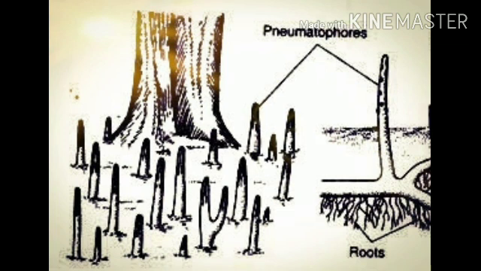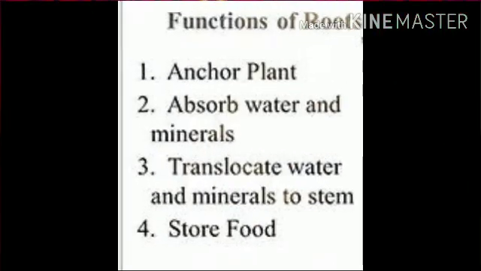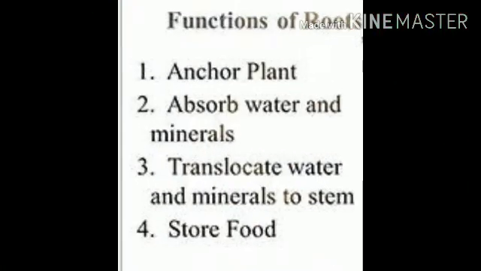So all these types of root, that is prop root, stilt roots and pneumatophores, are examples for adventitious roots. They are the modified roots and they don't originate from the radicle. They originate from different parts of the plant. Next is the functions of the root.